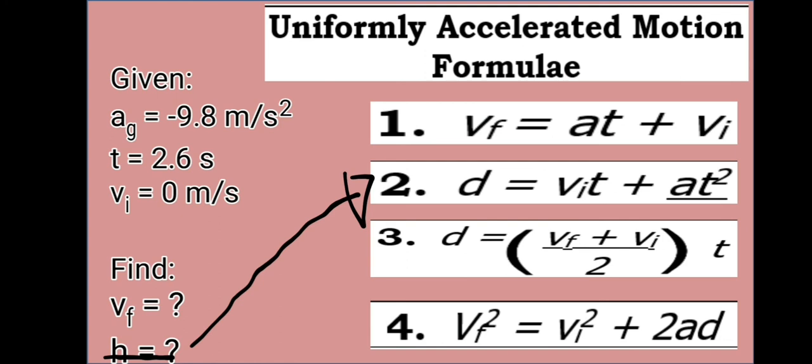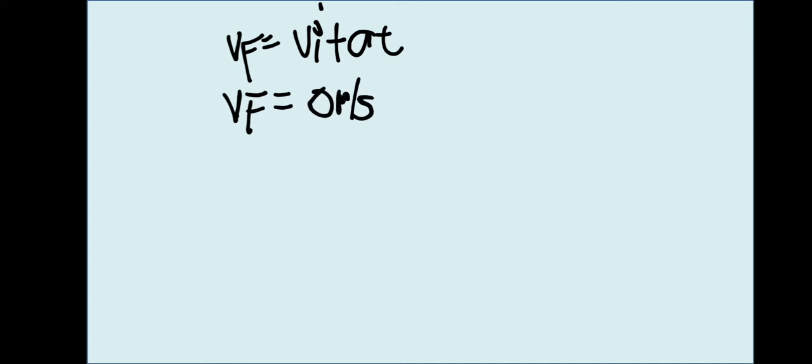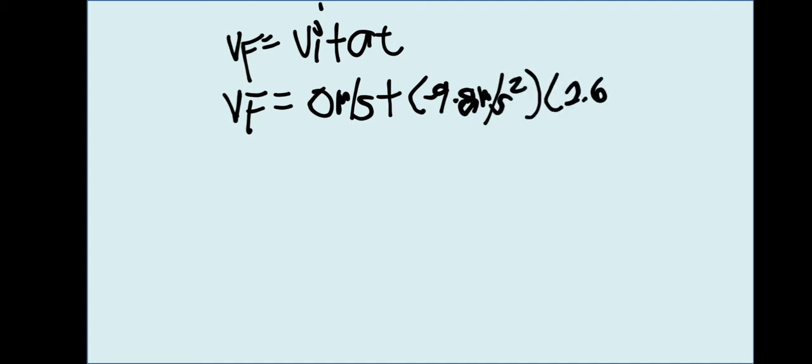So let's try to solve the problem. We have here Vf is equal to Vi plus at. So Vf is equal to Vi, 0 meters per second, plus acceleration negative 9.8, because the ball is moving downward, so negative 9.8 meters per second squared, times time, which is 2.6 seconds, not squared, okay?